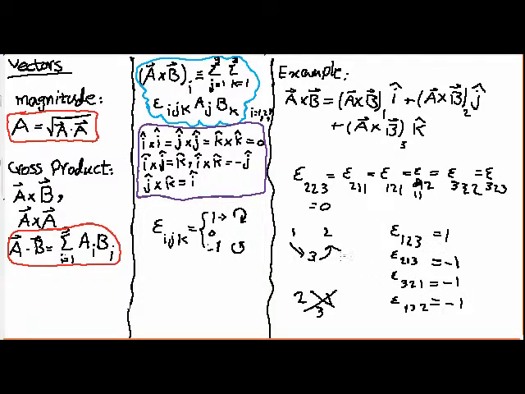So let's now write a clockwise one. Let's say 2, 3, 1. For 2, 3, 1, I start from 2, then go to 3, then 3 goes to 1. So it is clockwise, so the value is 1.